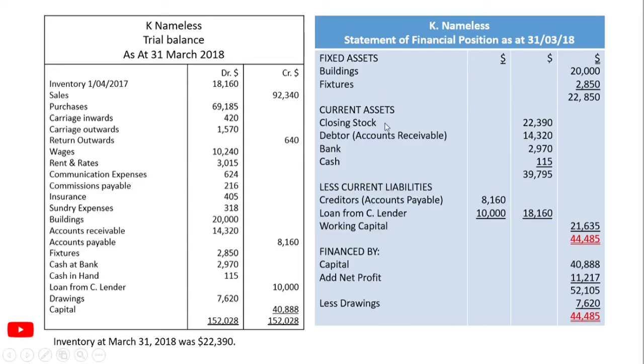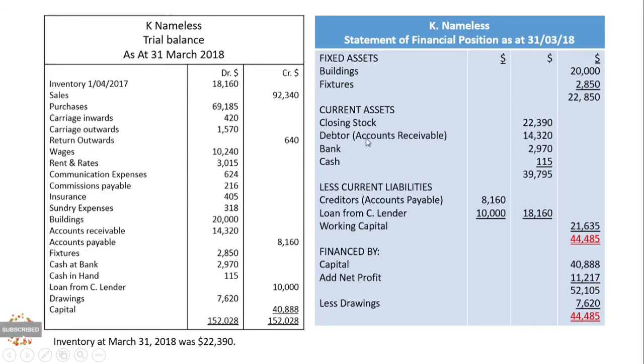Then you move on to your current assets, and the current assets section is pretty straightforward because it really never changes. Once you have these items in the trial balance, you make up the current asset section. You have closing stock or closing inventory, which is located outside of the trial balance, 22,390. You put it there.